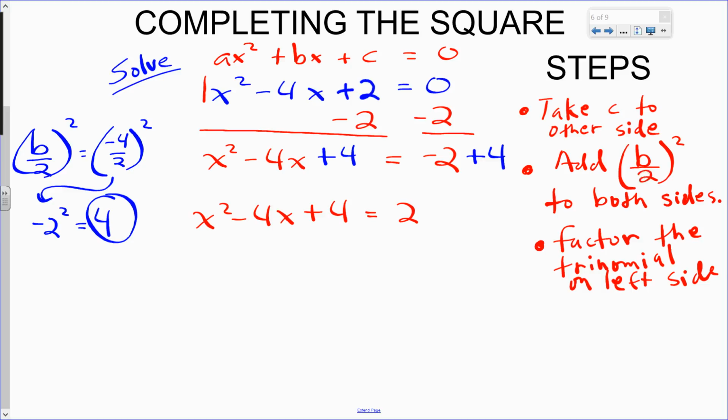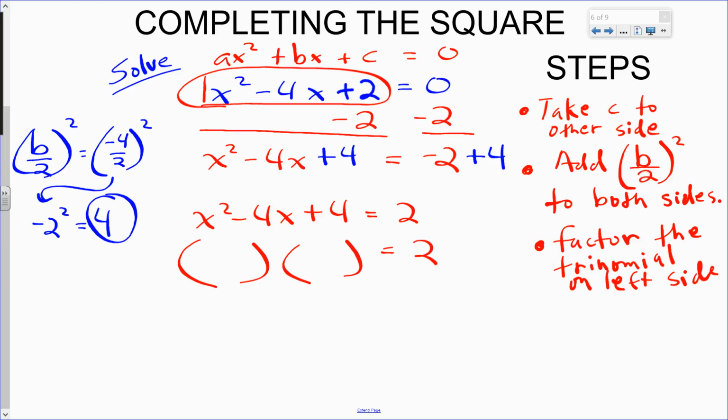Guess what? It's factorable. This trinomial on the left side of the equation is factorable, believe it or not. Remember when we did the discriminant for warm-up, the original trinomial was not factorable. But since we added b over 2 squared to both sides, we now have a trinomial that's factorable.